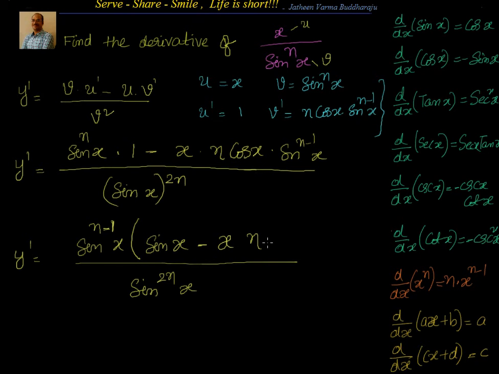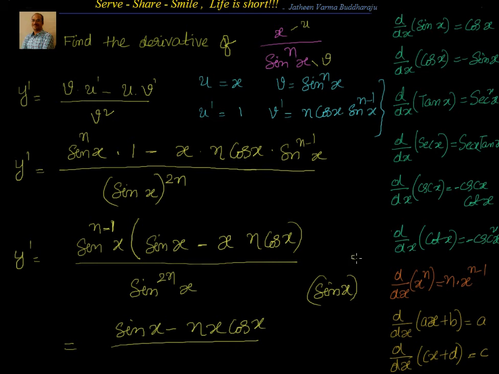Minus x into n cos x, because sine n minus 1 x we have taken already common. This is nothing but equal to sin x minus nx cos x divided by, now let us see here, sin x whole to the power of n minus 1 divided by sin x whole to the power of 2n.